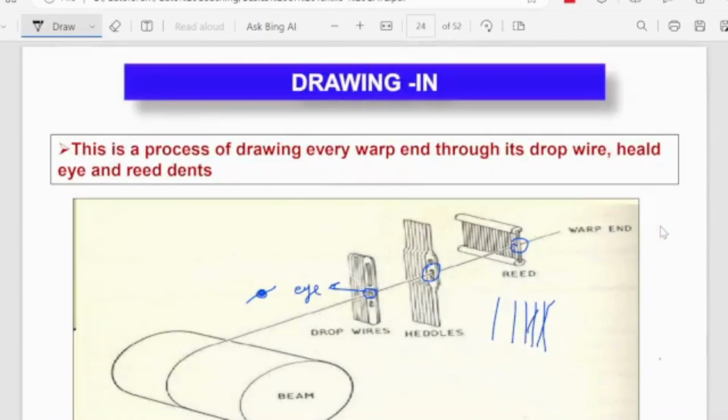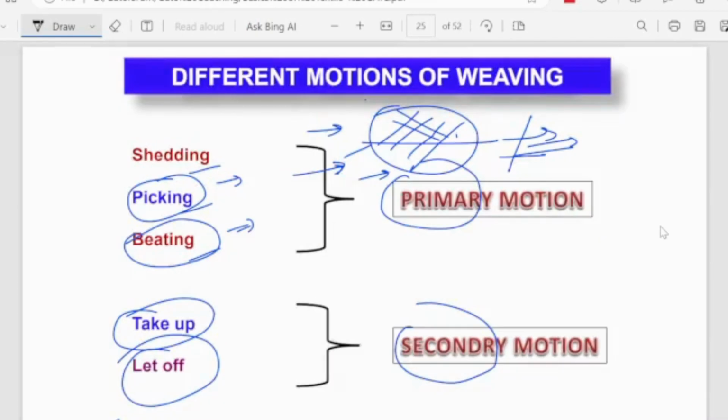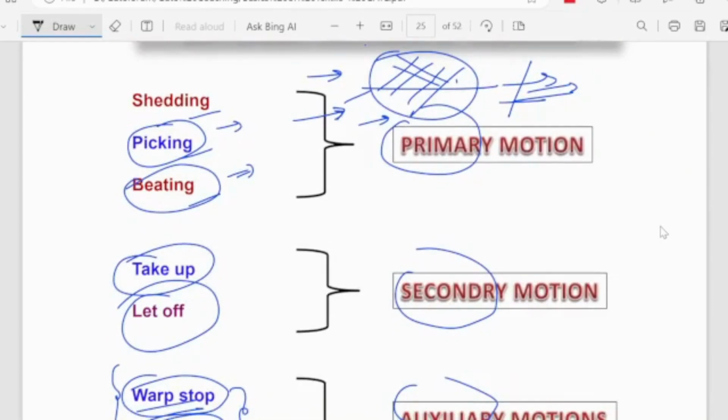Looking forward, there is drawing. In drawing, every warp and weft is drawn through the eyes and the reeds. These are different motions of the weaving. There are three main motions: primary motion, secondary motion, and auxiliary motion. Shedding, picking, and beating are done. And taking forward, there are stop motions.